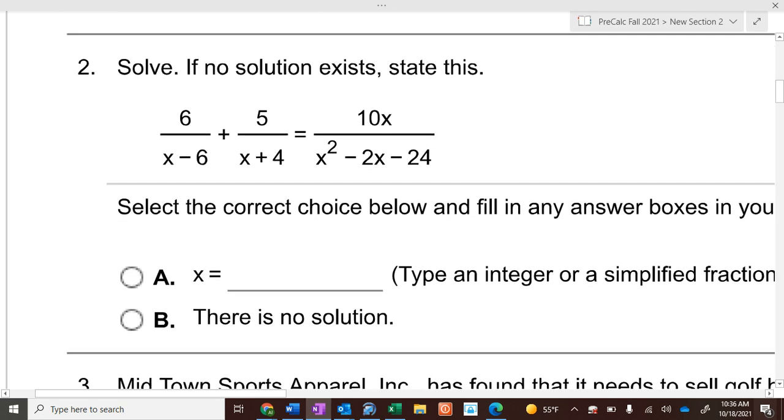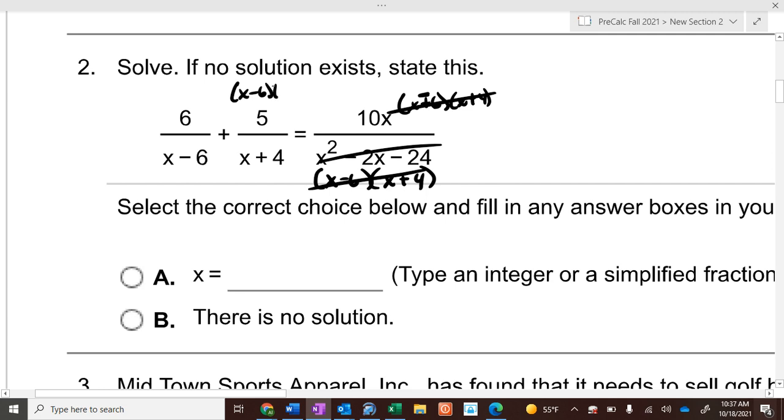This one, if we factor the denominator here, it's x minus 6, x plus 4. See, it's over there. They make them so they work out pretty good. So you multiply every numerator by x plus 6, x minus 6, x plus 4. Those cancel.